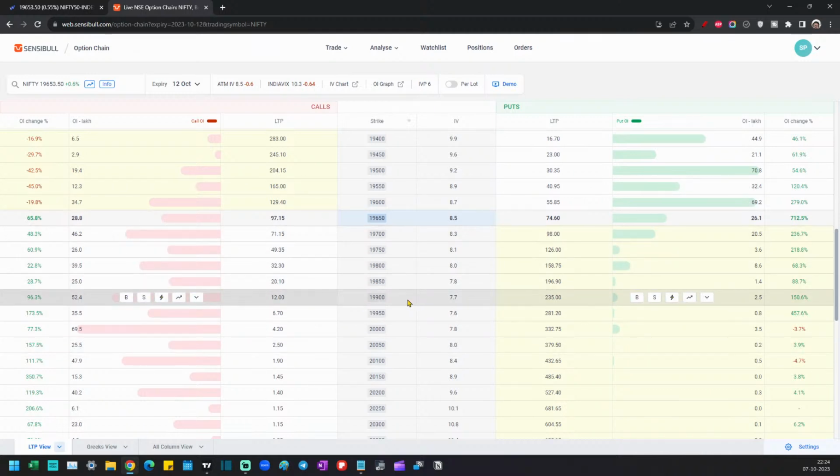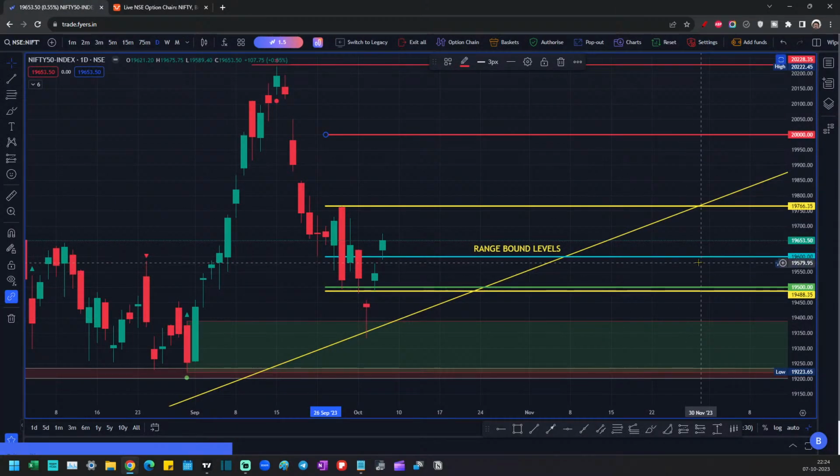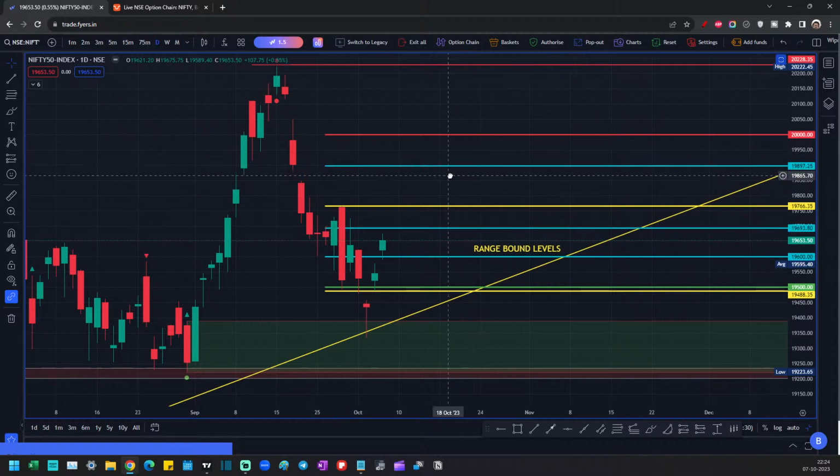Only if it passes that, then 19,900. So if Nifty has to reach 20k again, where there was a gap when it fell down, it has to surpass 19,700 first.